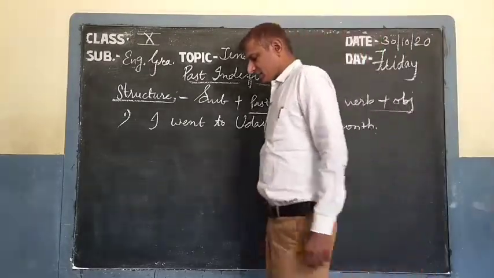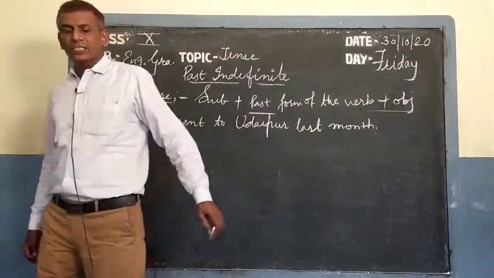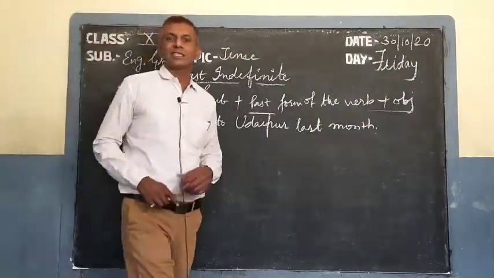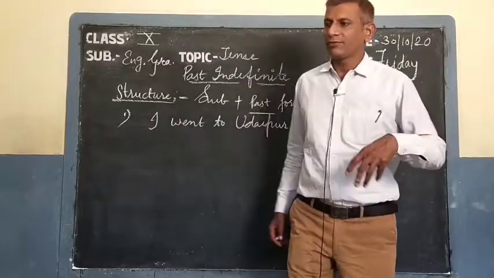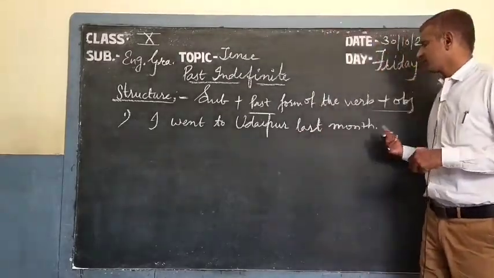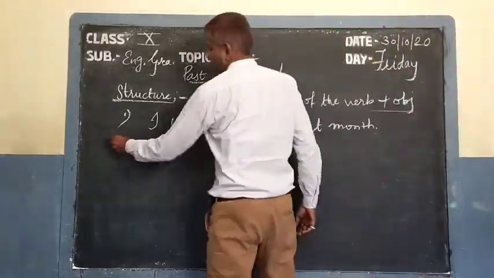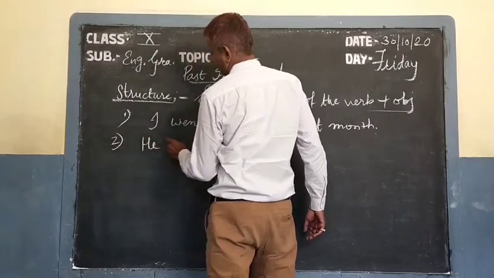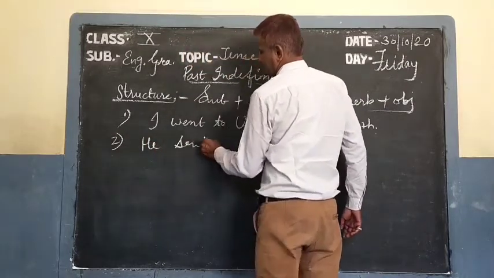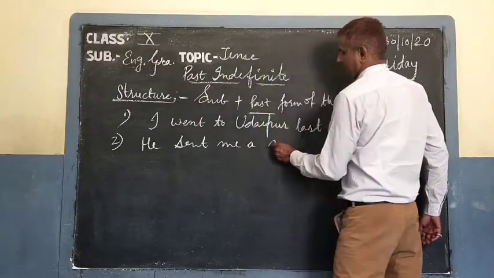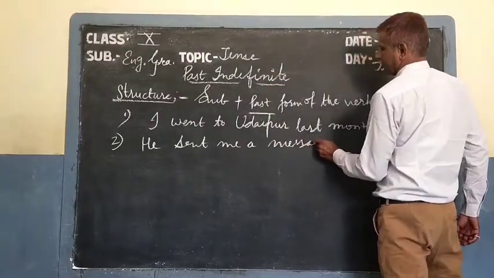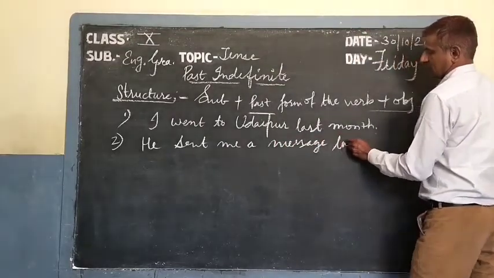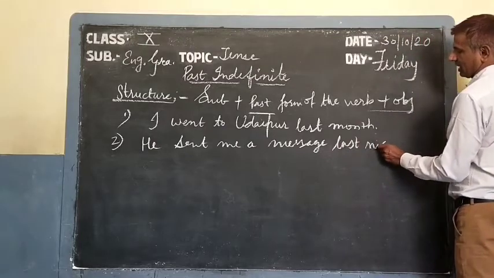With the time, it means past. Sometimes it is not necessary to mention the time, but if we talk about time, it will definitely be the past form of the time. Second, he sent me a message last night.